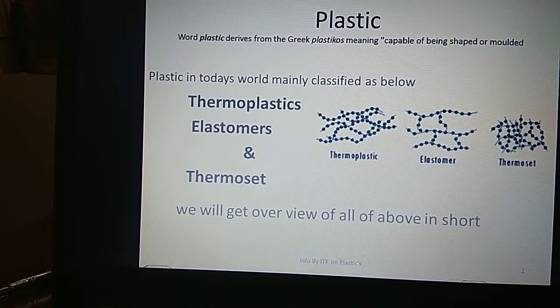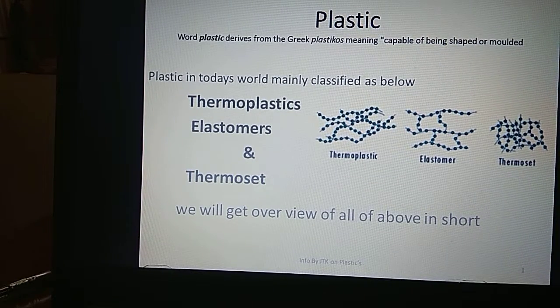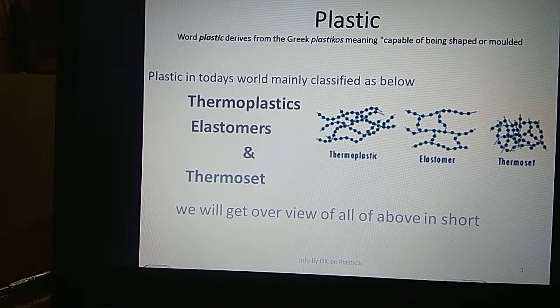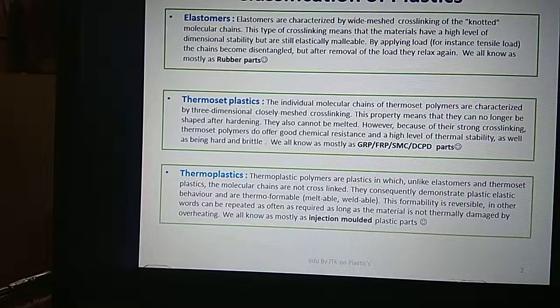So this is what this picture shows. I will give you an overview of all three plastics in more detail, giving you a basic update about plastics. Based on these three classifications, let us see what each of them means.